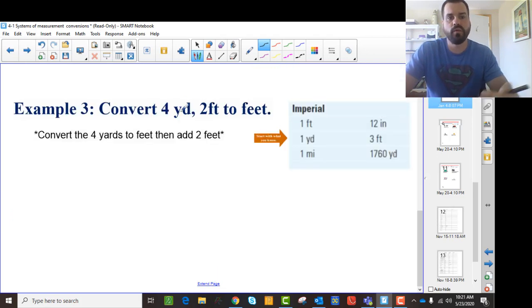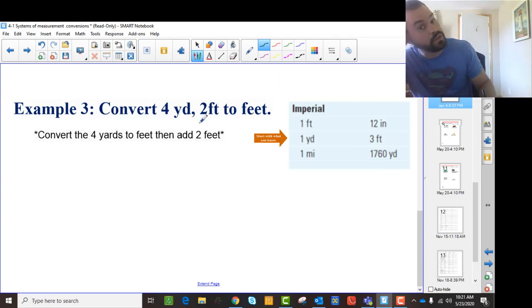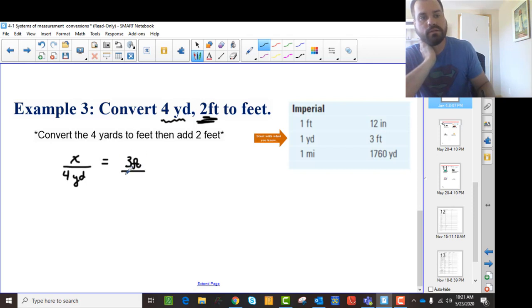Now it says convert 4 yards 2 feet to feet. What you notice is you've already got 2 feet. You don't need to convert that. You just need to convert 4 yards. So 4 yards is how many feet? We know that there's 3 feet in a yard. So we start with our ratio of what we know, and then we have x over 4 yards.